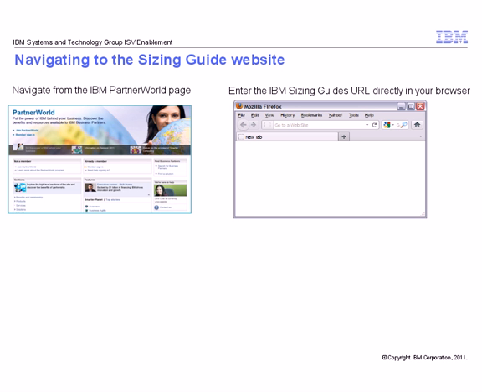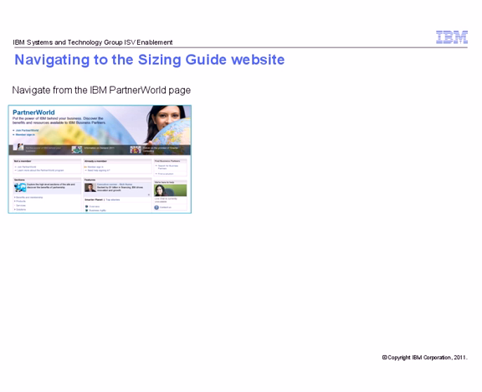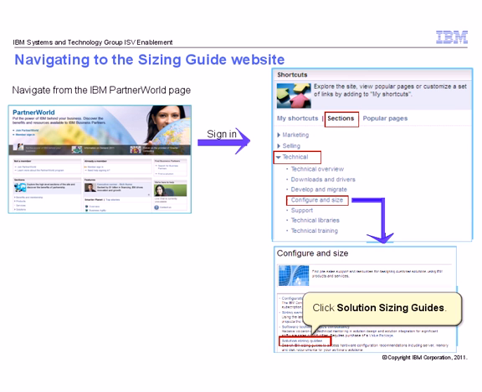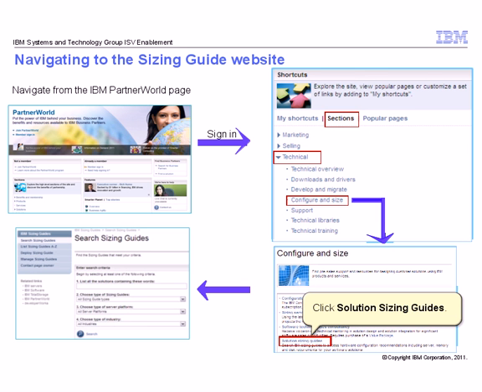You can either navigate from the IBM Partner World page, or you can enter the URL directly into your browser. To navigate from the IBM Partner World page, after signing in, under Sections, expand Technical, and then click Configure and Size. On the Configure and Size page, click Solution Sizing Guides. The Search Sizing Guides page is displayed.